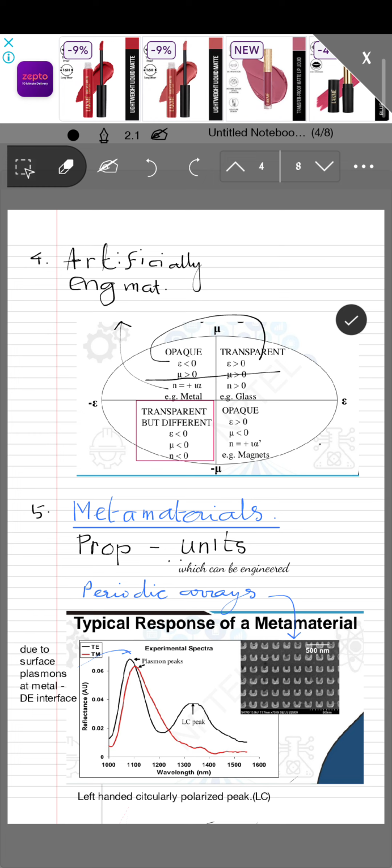For magnetic materials also this is a constant. For magnetic opaque materials, the permittivity is 0 and epsilon is 0. In transparent but different types of materials like metamaterials, these are the following things that are found, or that are deliberately made such that these properties can be found.